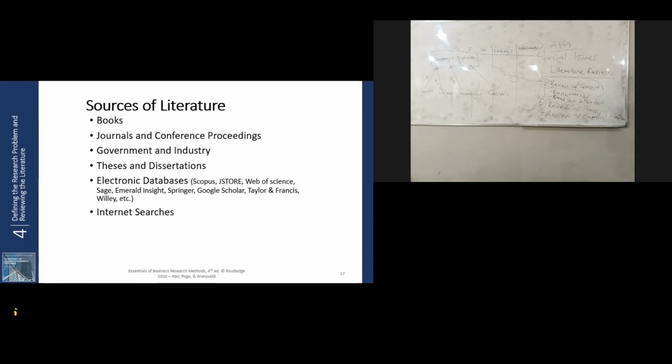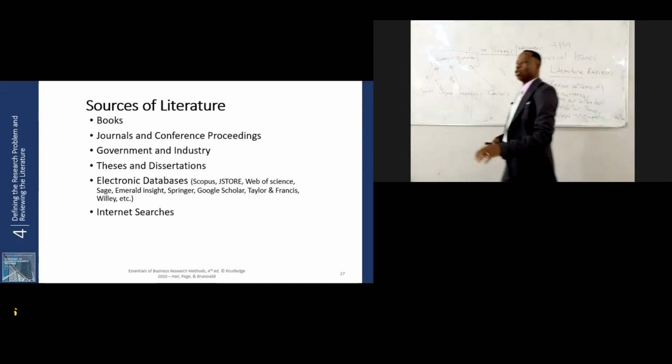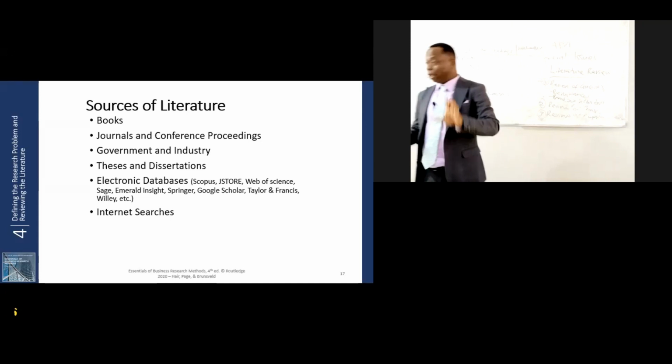And most of the authentic ones are listed here. There are some that are also authentic, which are not listed here. Scopus, JSTOR, Web of Science, Sage, Emerald, Springer, Google, EBSCOhost is not here. Taylor and Francis, Wiley, these are very well established scholarly databases.